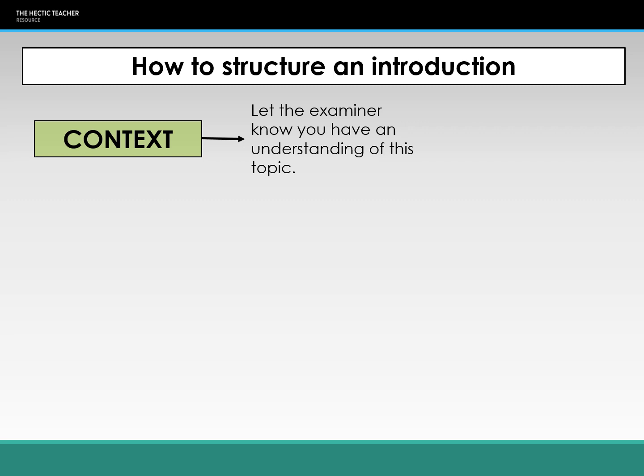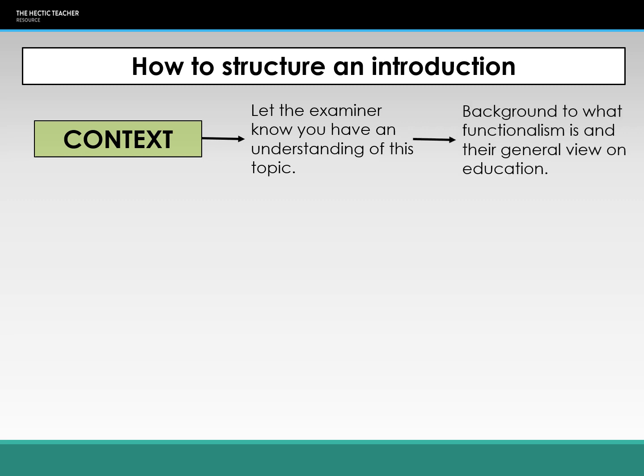In the context of this particular question, you need to give the background to what functionalism is and their general view on education. And as I've said before, this should be about 2 sentences, possibly 3, not one massive long one, please, but you do have to think about your readability and about your SPAG, okay?